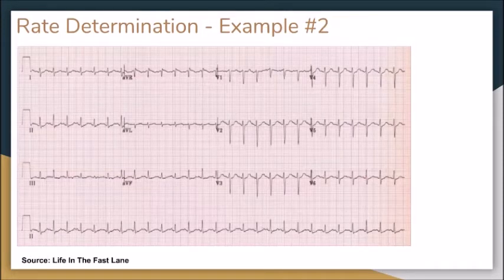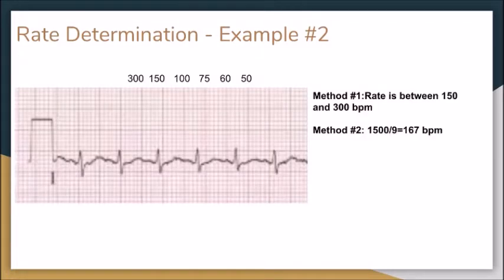So now, let's take a look at our second example at determining the rate of an EKG. Again, I'll give you a minute to pause and do this example on your own if you wish. Let's start by doing method 1. Let's find our R wave on the thick line as denoted by my cursor here, and now let's label each respective thick line with the corresponding numbers.